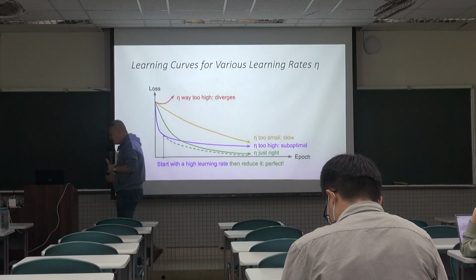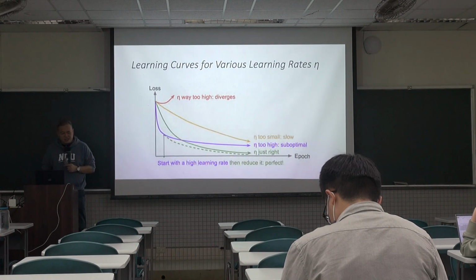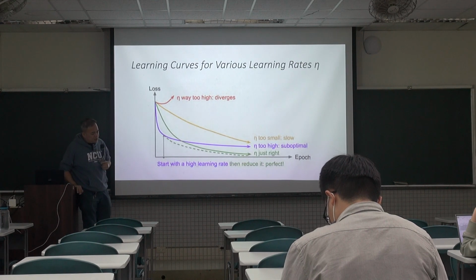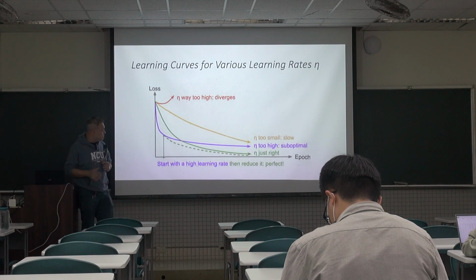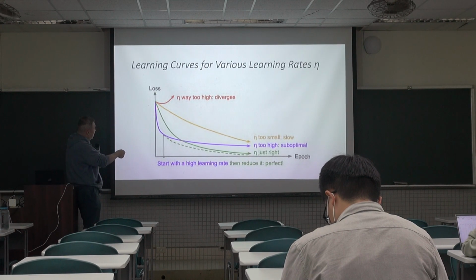This is why we consider what we call learning rate scheduling. In learning rate scheduling, basically we adaptively adjust the learning rate to achieve something like this.